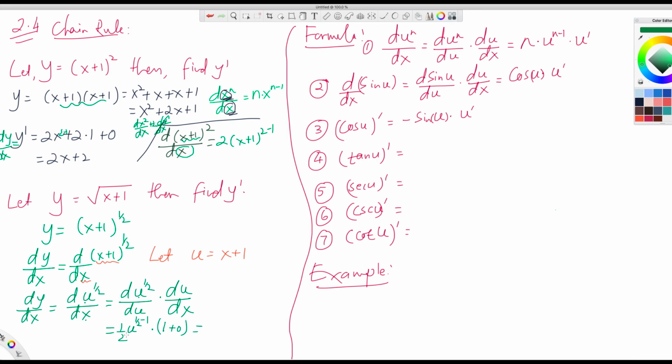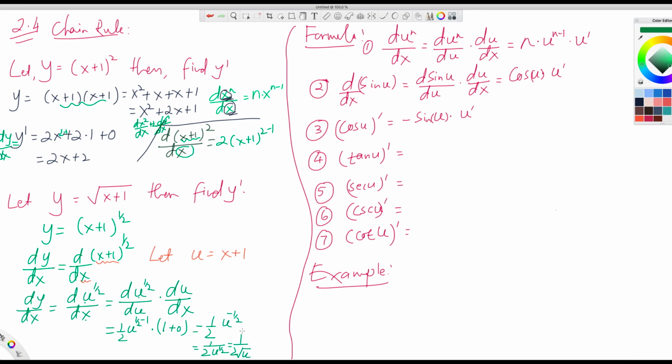So it is 1/2 u to the negative 1/2, because 1/2 minus 1, and 1 plus 0 is just 1, and multiplying by 1 keeps it the same. I don't like the negative exponent, so I move it to the denominator: 1 over 2 u to the 1/2. Now you can write this as 1 over 2 root u.